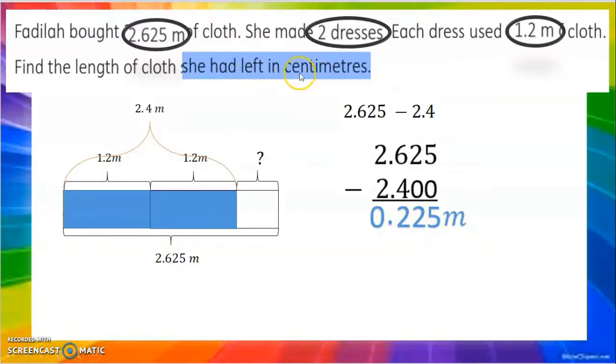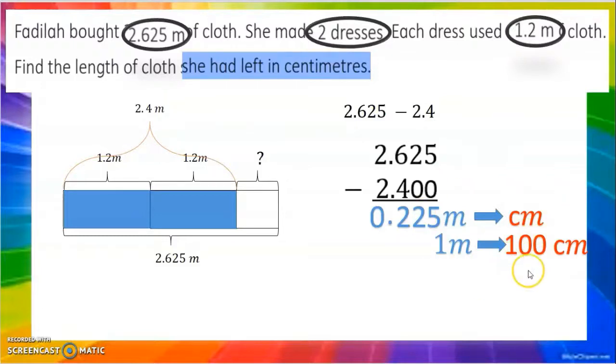But in the question, we're looking for centimeters. So we need to convert into centimeters. 1 meter is equal to 100 centimeters. So the 0.225, how are we going to convert into centimeters? Very good. Multiply by 100.